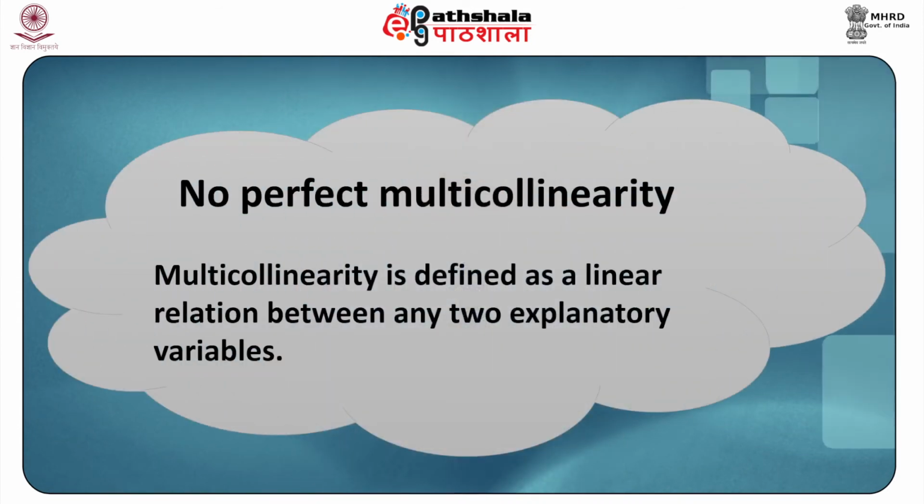I am sure I can remind you, we said earlier the model has two parts. The first part, which is related to x, is the deterministic part, and the second part, related to mu i, is the stochastic part. Next, assumption 4 of no perfect multicollinearity. What is multicollinearity and why is this assumption made?